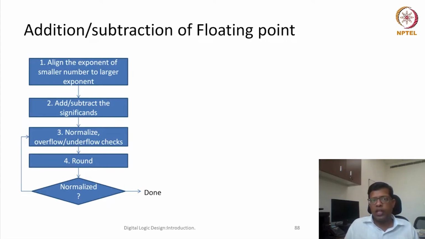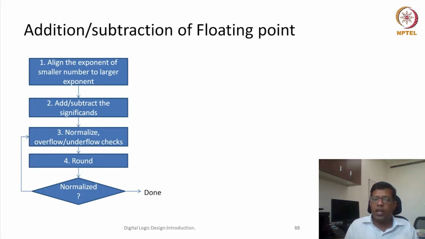When we are doing addition, whichever is the larger number, we add the smaller number to the larger number, so the exponent of the smaller number is aligned or adjusted to the exponent of the larger number. How is it done?